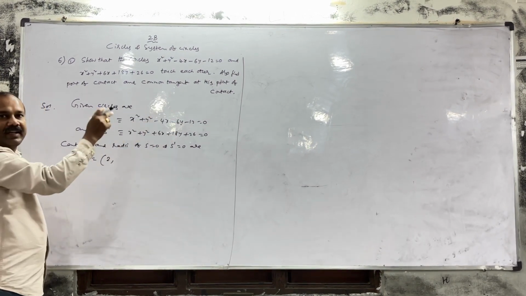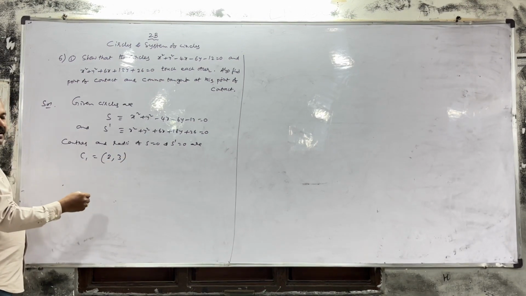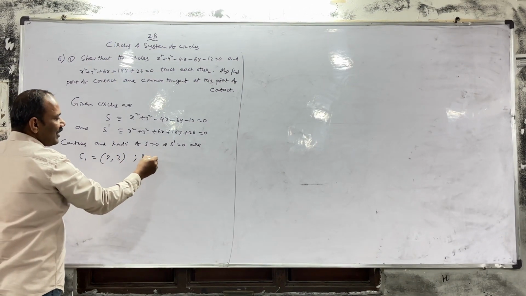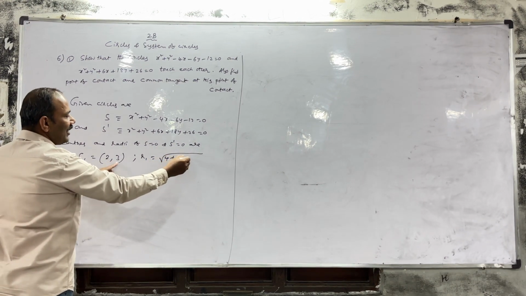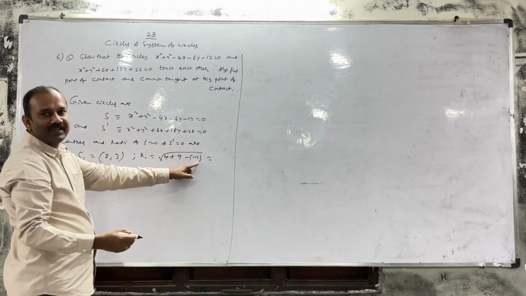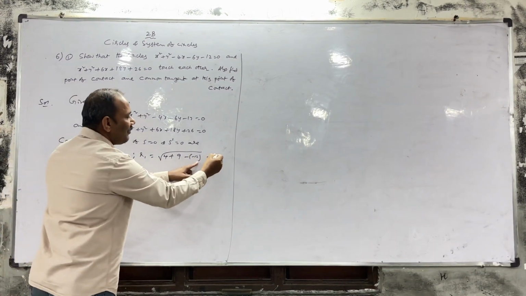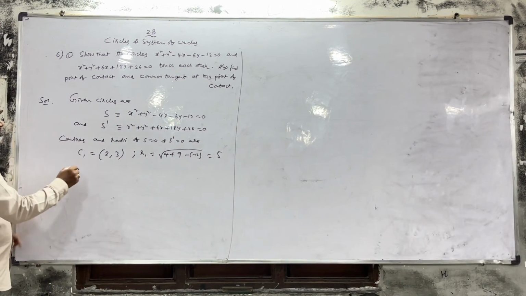Y coefficient is minus 6, minus 6 by minus 2, 3. Radius of the first circle R1 equals root of 2 square 4, 3 square 9, minus of minus 12, 13 plus 12, 25, root 25, 5. So radius R1 is 5.